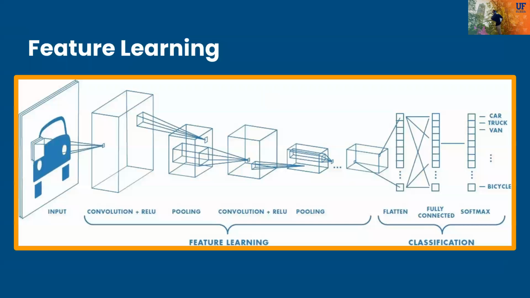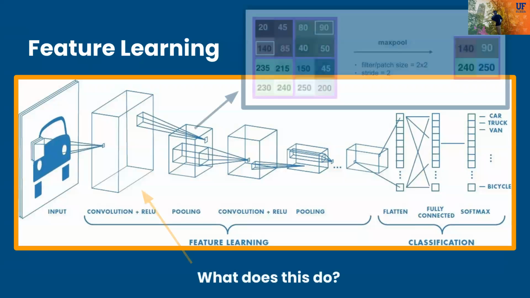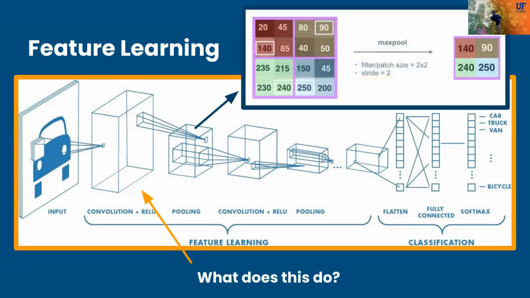Okay, so here, what does this do? The convolution and the ReLU. The convolution is basically taking a bunch of these different values and trying to find the most useful ones. All the weights inside of the convolution are also used in backpropagation.